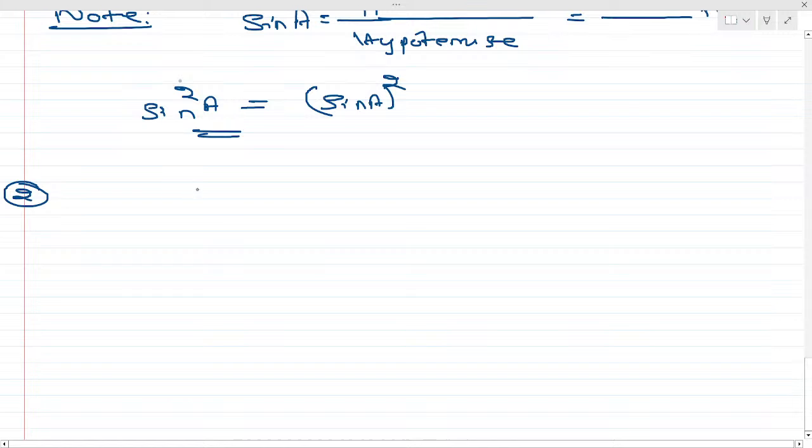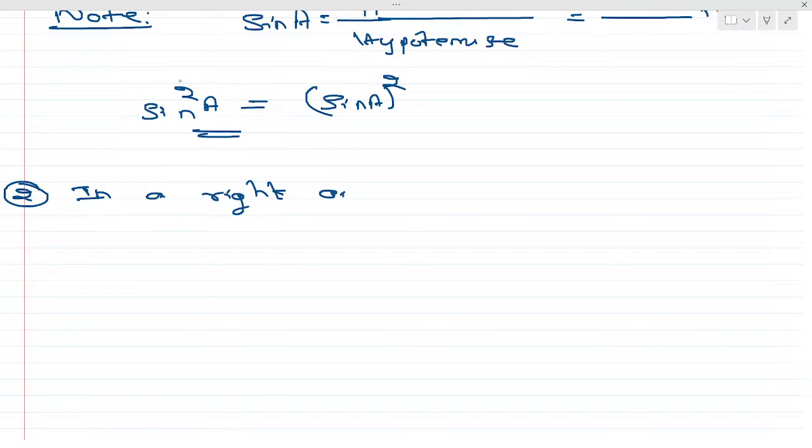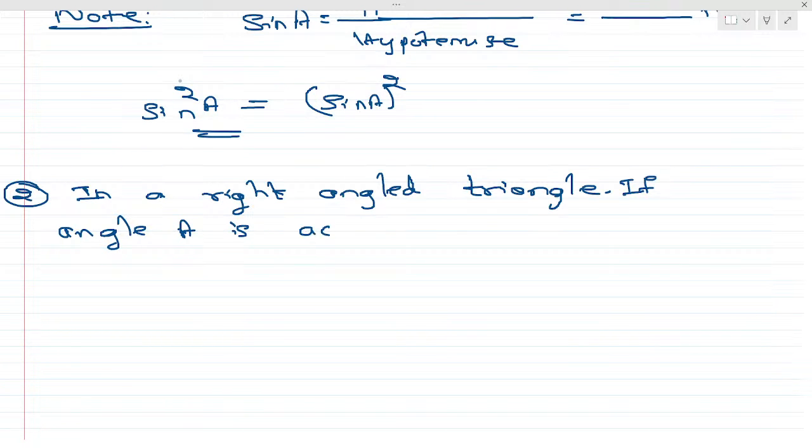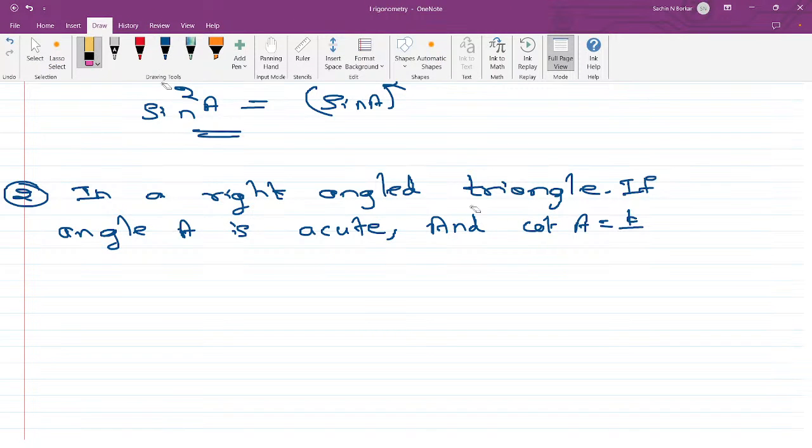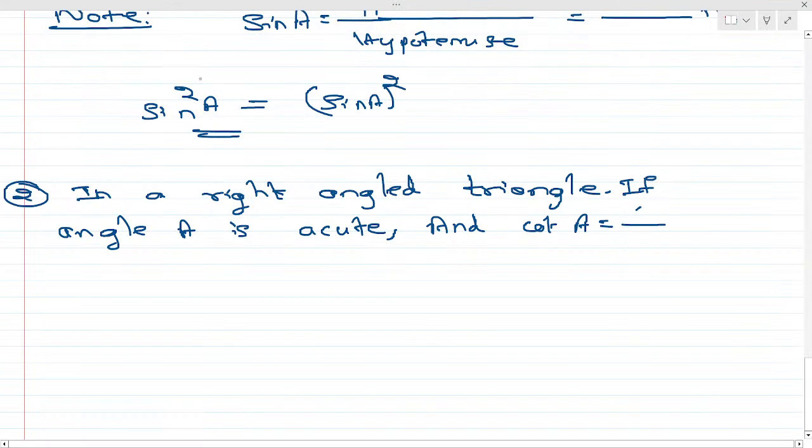Looking into the next question, in a right angle triangle, if angle A is acute and cot A is 4 by 3, find the remaining trigonometric ratios.